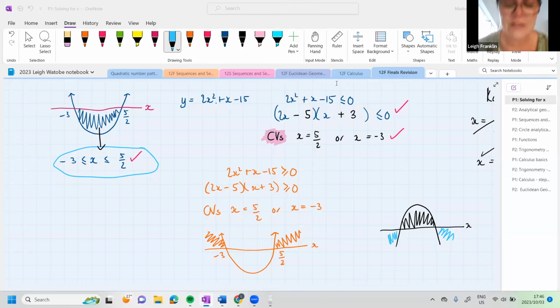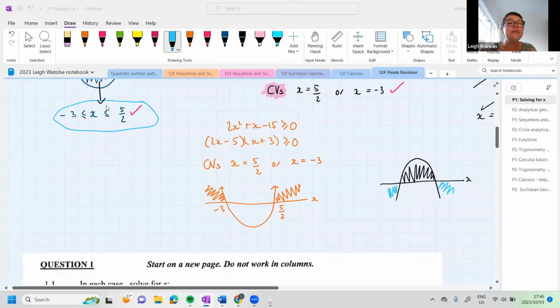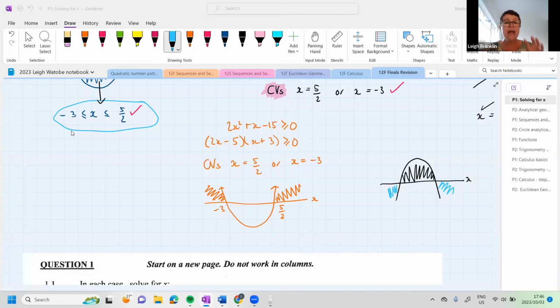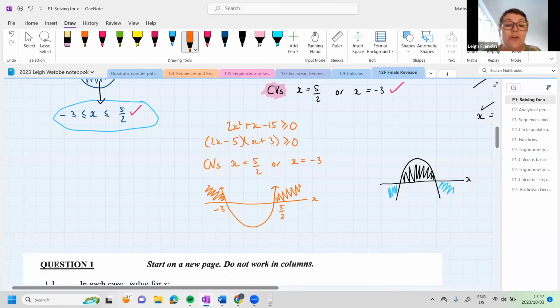Cool. Okay, so just getting back to what the solution would be, we cannot set it out like we did up here where I've got the blue circle around it, because that notation, with x in the middle, the smaller number on the left and the bigger number on the right, is reserved strictly for when your answer is between two numbers. In a situation like the orange over here, remember, x gets smaller to the left and bigger to the right. So if I'm shading over here, I'm talking about numbers going in that direction.